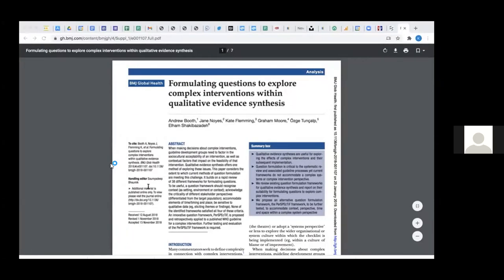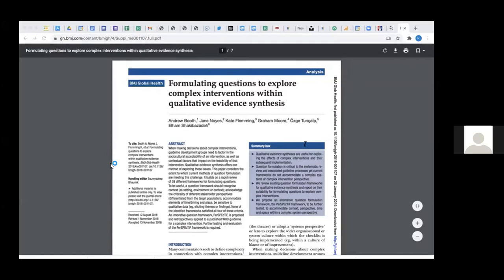Okay, here is an example. These are the key PICO components and the keywords generated. There are alternative search words, and then the writer has to explain every single part of the PICO.